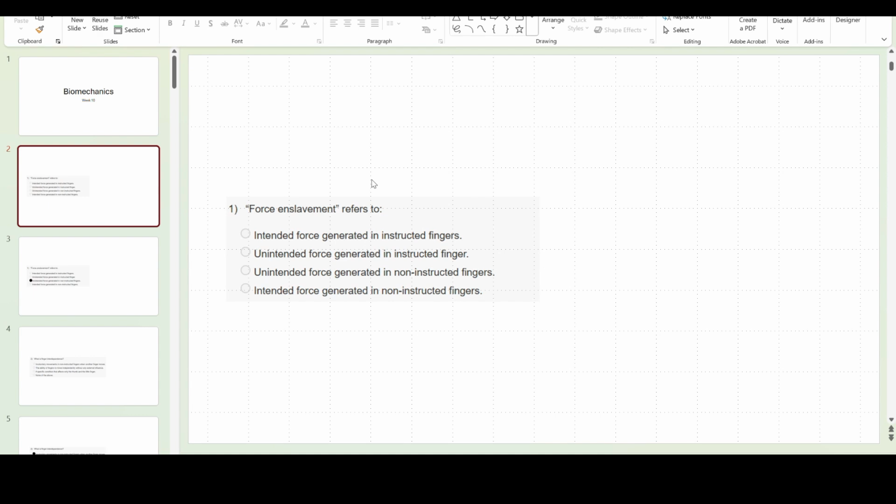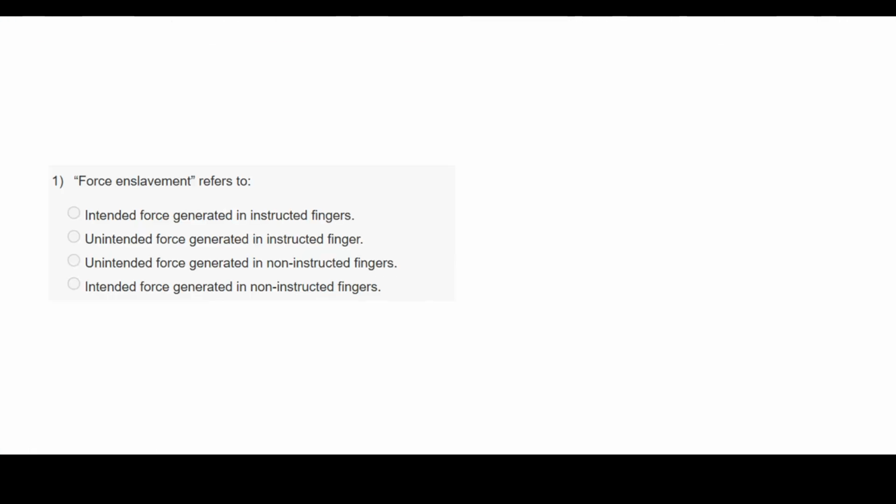Coming to the first question: force enslavement refers to intended force generated in the instructed fingers, unintended force generated in the instructed fingers, unintended force generated in non-instructed fingers, or intended forces generated in non-instructed fingers?